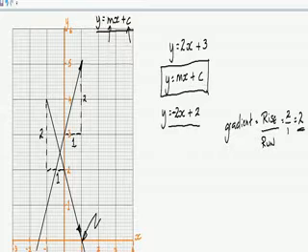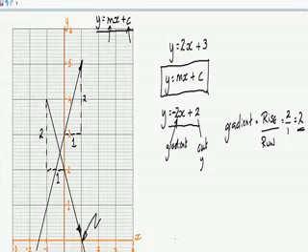And remember, this is where it cuts y, and this is your gradient, and then whether it's plus or minus depends on whether it's going uphill or downhill. I hope that's helped, and maybe you can get to grips with it and see hopefully that it's not quite as difficult as you thought.